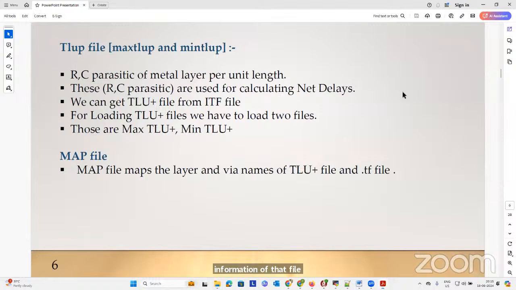Clear? Is everyone able to understand what the input files of TLU+ are for Synopsys? Someone please reply whether you understood or not.